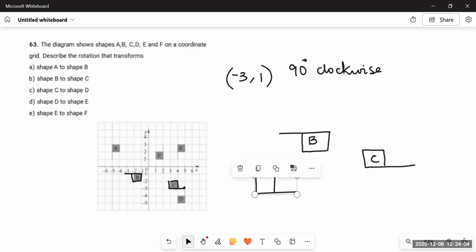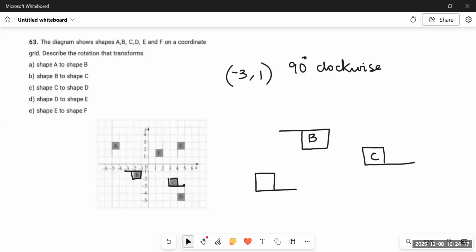So this is a rotation of 180 degrees. Now we simply have to figure out the center. So what is the center of these two shapes here? It's -3 to 5.